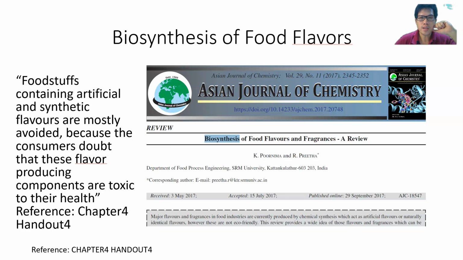There's another way that is possible to go about synthesizing food flavors, which is what we call biosynthesis. Biosynthesis uses enzymes to actually generate the food flavor.